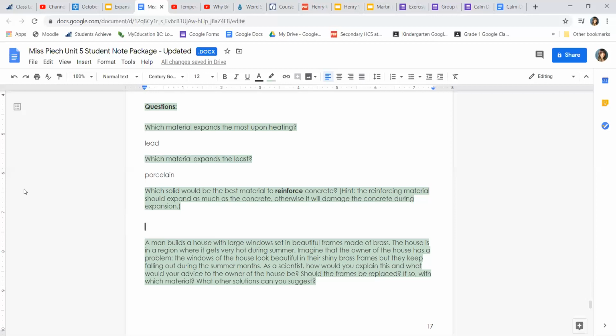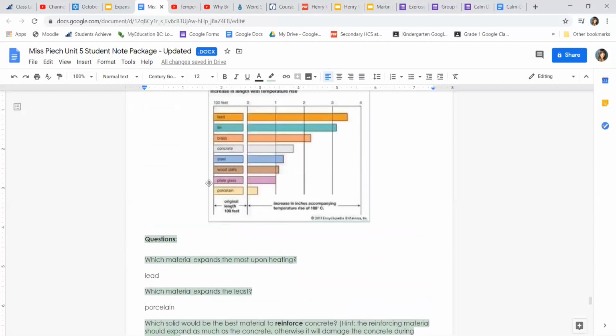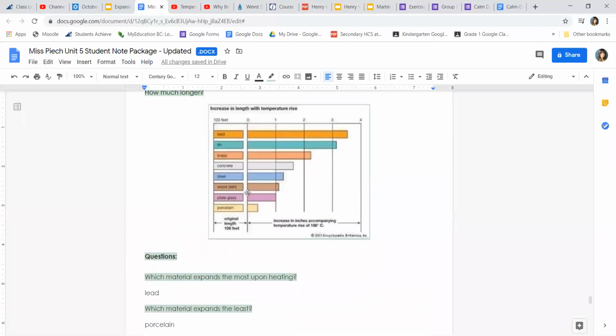Okay, now it says, which solid would be the best material to reinforce concrete? So you want to look for something that's going to have a similar expansion rate to concrete. Something like plate glass or even wood has a much smaller expansion rate compared to concrete, whereas something like lead and tin has too much of an expansion rate.